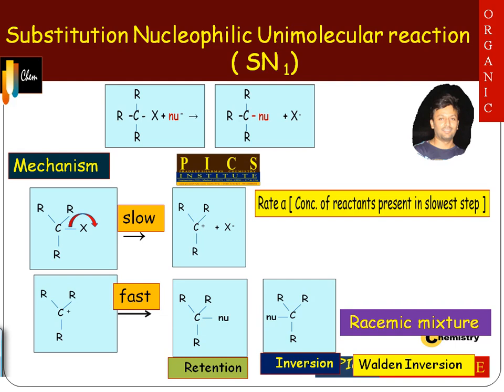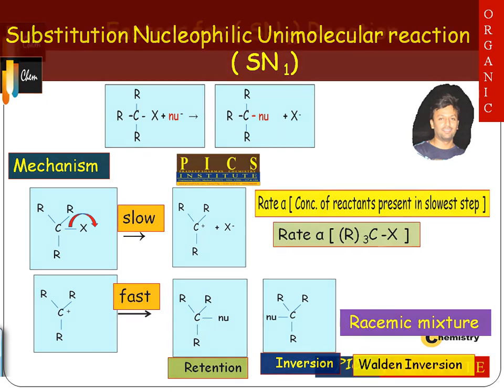Since the slowest step possesses only one reactant, the rate is directly proportional to the concentration of the reactant, that is the alkyl halide. So the order of the reaction is 1 and that is why the reaction is an SN1 reaction.